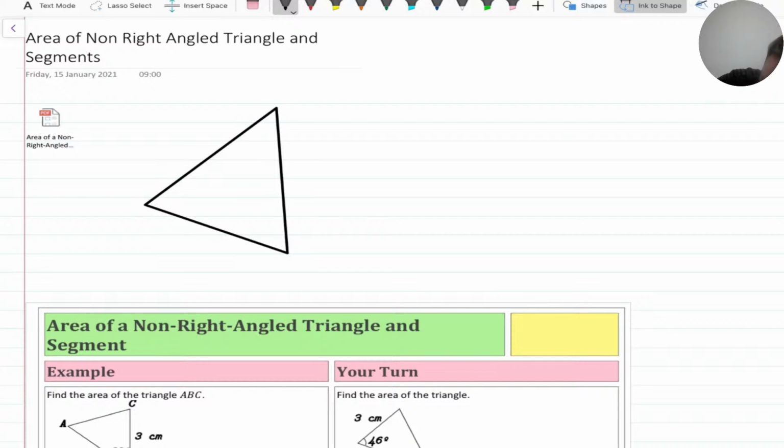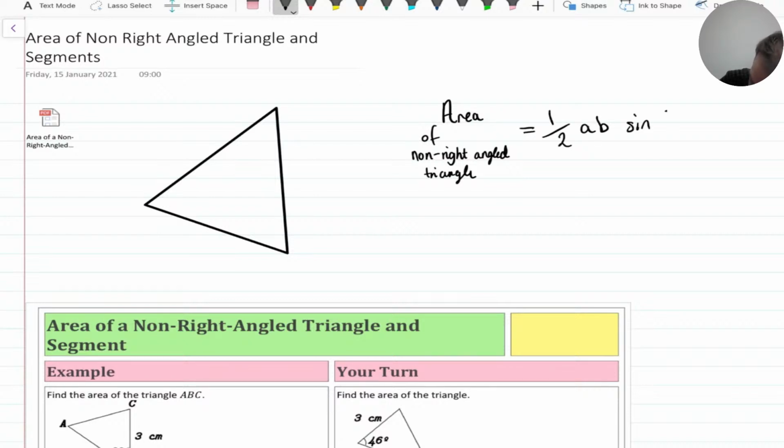Now the formula for the area of a non-right angled triangle is equal to a half AB sine of C. Half AB sine C. Now it doesn't matter. The A and B can be anywhere.